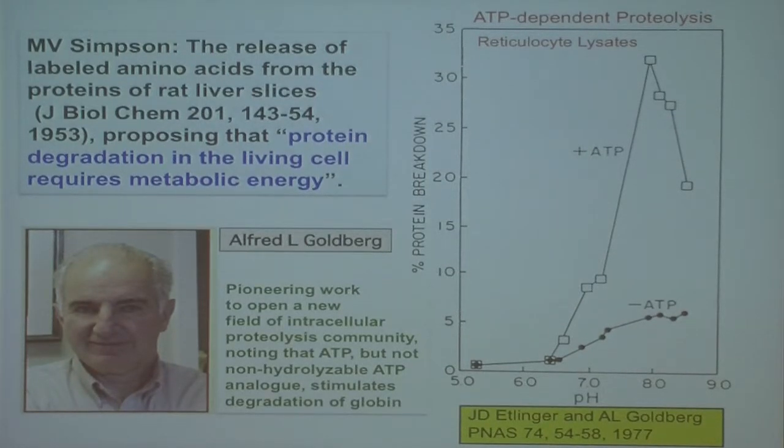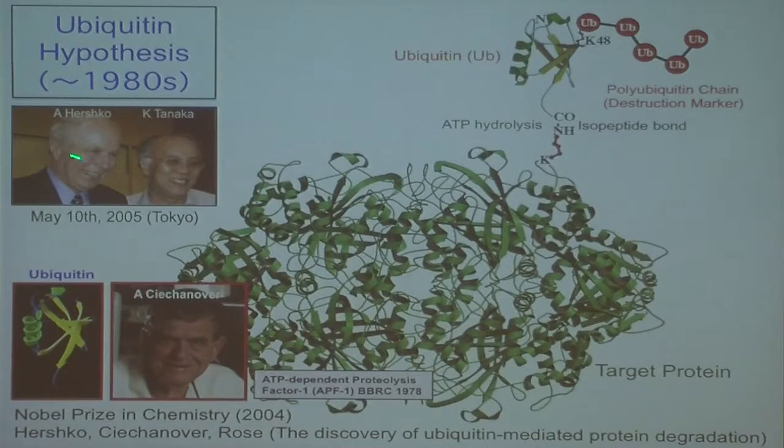But the next year, Dr. Avram Hershko and Aaron Ciechanover's group found the ubiquitin system. I won't give the details, but the one point is that ubiquitin, this very small protein, is ligated by an isopeptide bond, and then ubiquitin is repeatedly covalently attached like this.